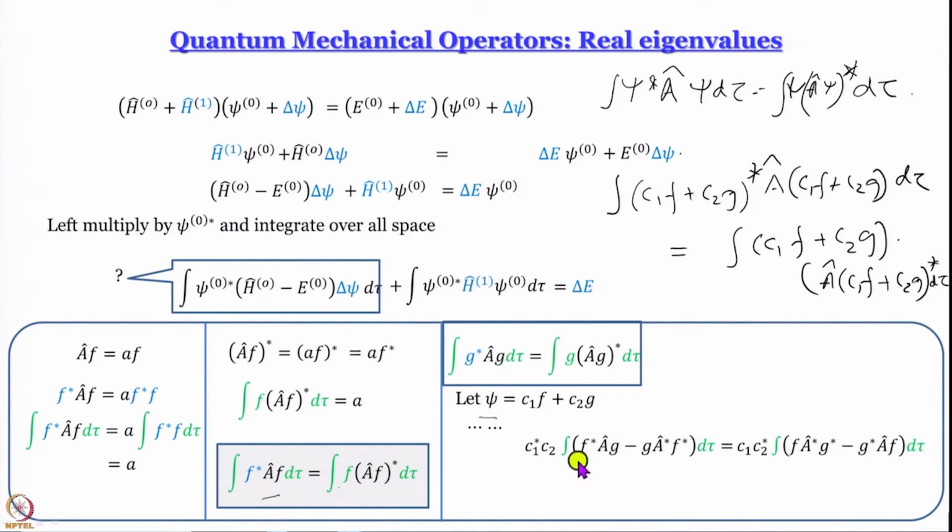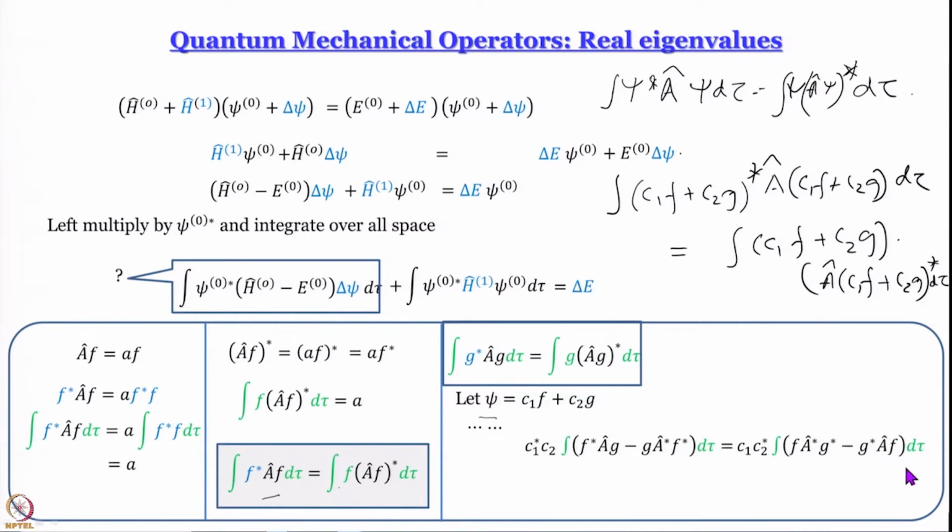C1 star C2 multiplied by integral of f star a hat g minus g a hat f star d tau is equal to C1 C2 star multiplied by integral f a hat g star minus g star a hat f, integrated over all space.